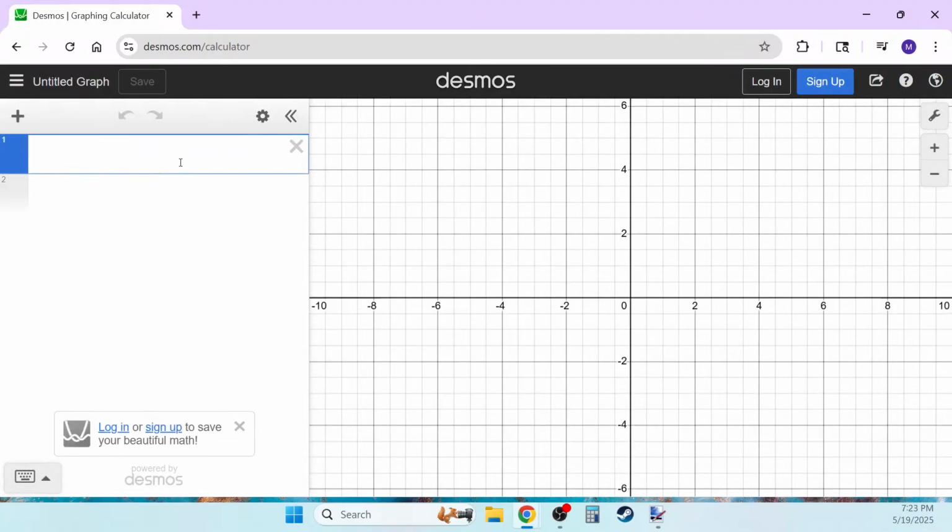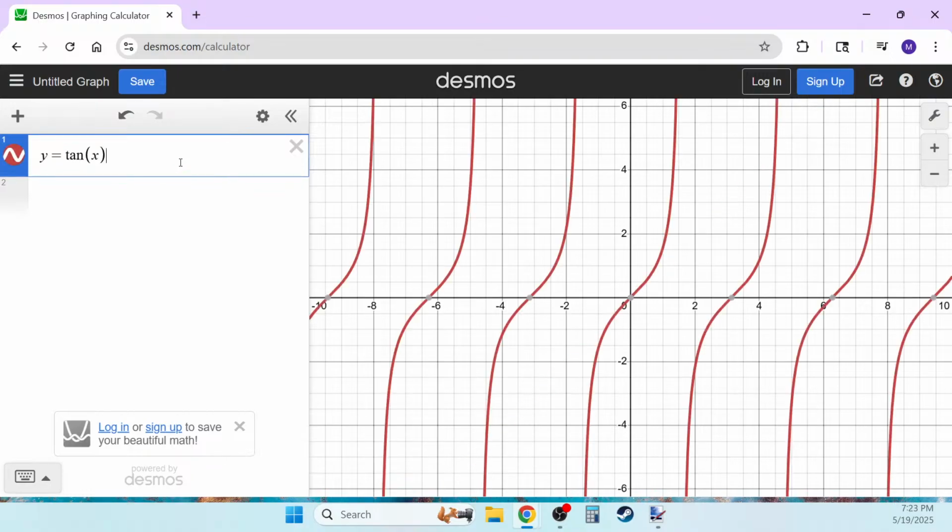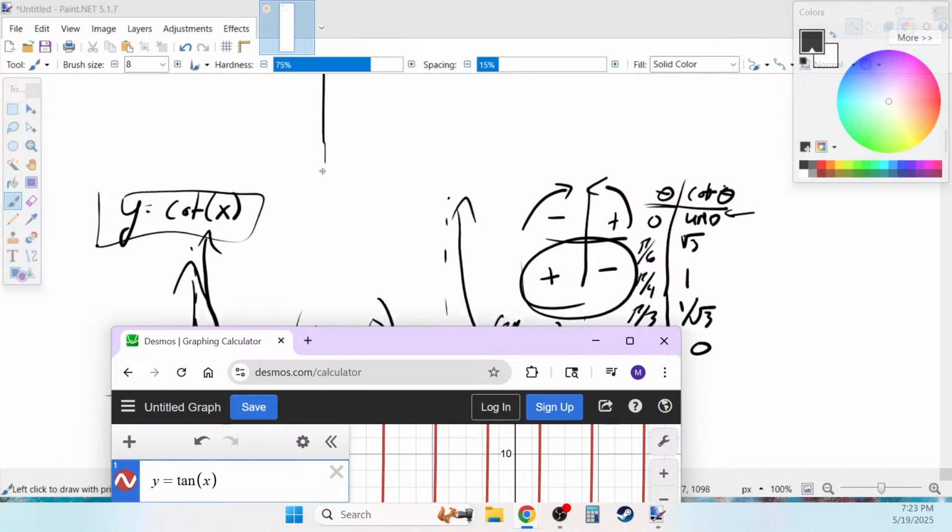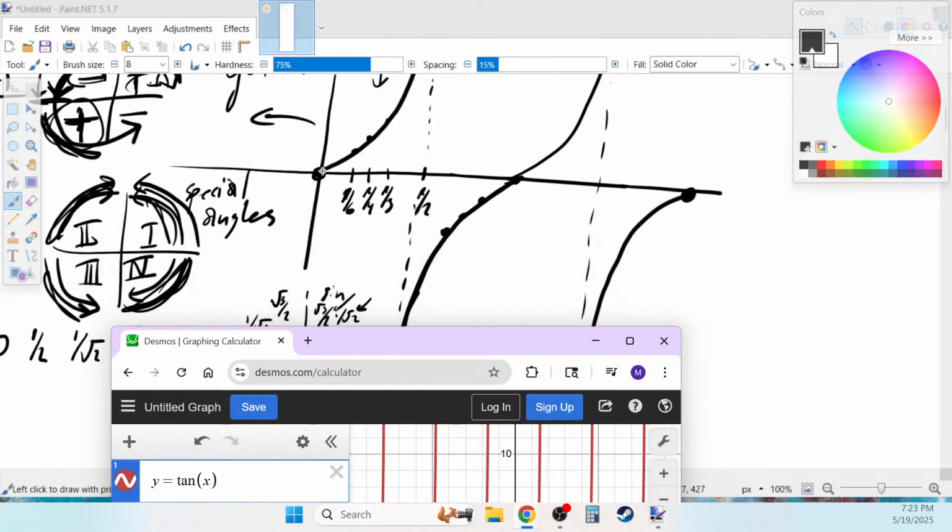And I would practice trying to graph our function and then going to Desmos to check it. So if we're just going to graph y equals tangent of x, this is the graph that Desmos has, and we can compare that to the graph that we came up with here.